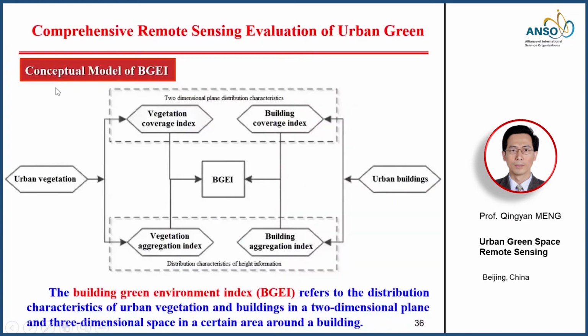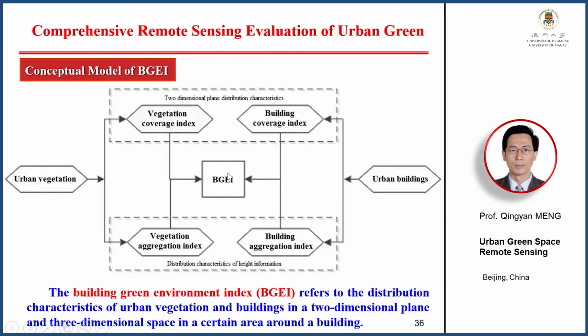And then we get each pattern's information for the urban vegetation and urban buildings. We combine the vegetation coverage index, building coverage index, vegetation aggregation index, and buildings aggregation index.